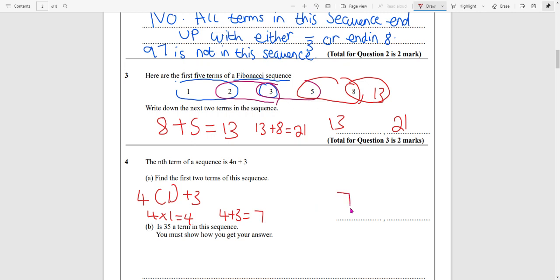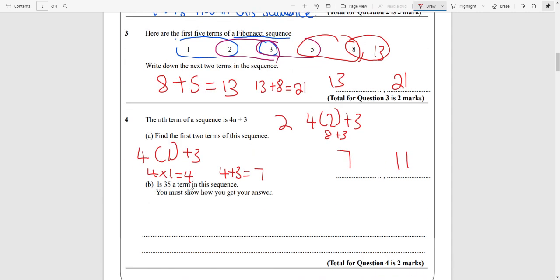So the first term is 7. Then we're going to substitute 2. So 4 times 2 equals 8. 8 plus 3 is going to equal 11.